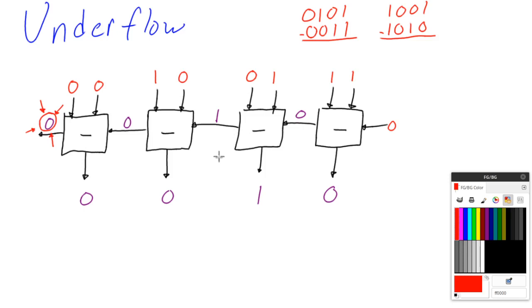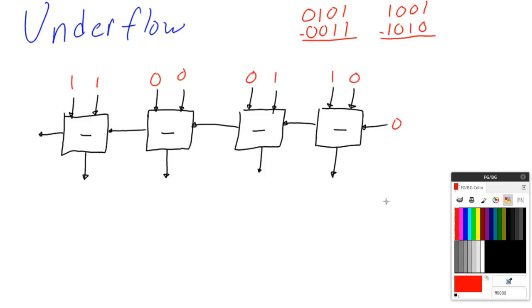So now let's look at our next example, where we're subtracting a number that is bigger than our top number. So we've got 1, 0, 0, 1, subtracting 1, 0, 1, 0, and of course we're going to say that we're not borrowing anything, or having anything borrowed from us, more properly said.